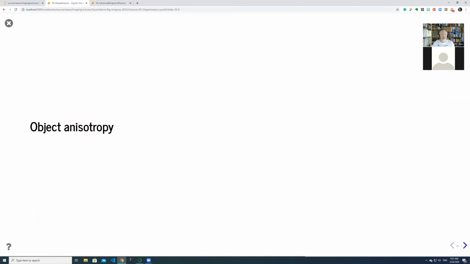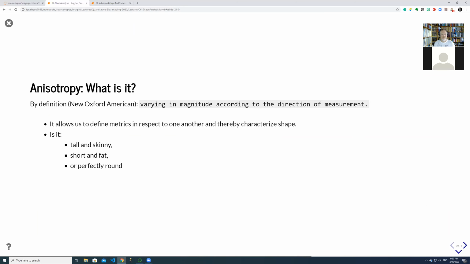I have talked a lot about round objects and elongated objects, and a way to describe it is to use the anisotropy. In the dictionary, it defines varying magnitude according to the direction of measurement, which may be a bit abstract and maybe not so precise. But anyway, it's a description that the object changes.